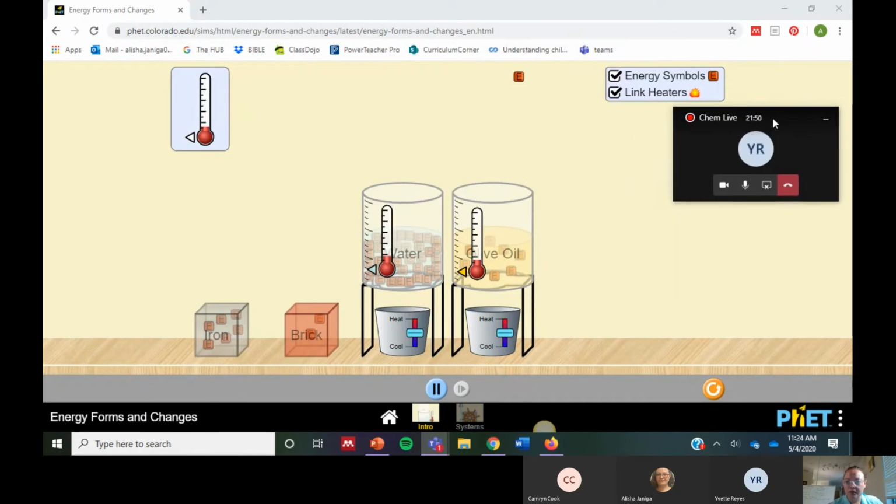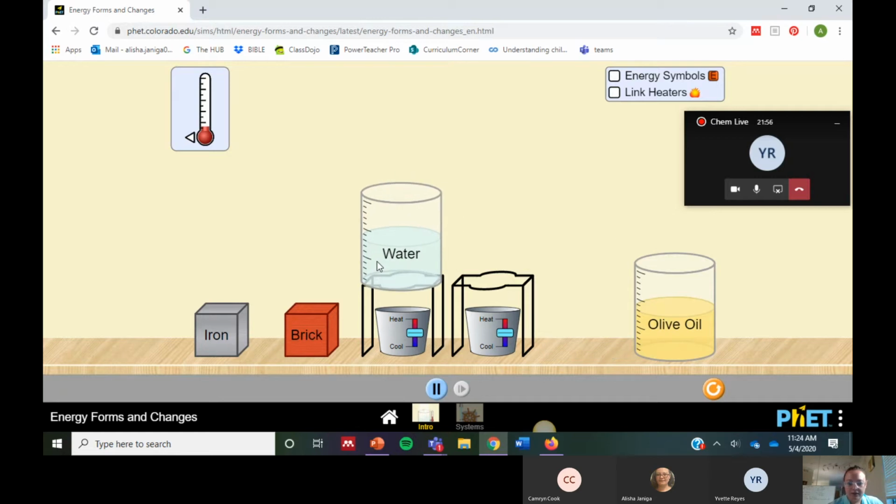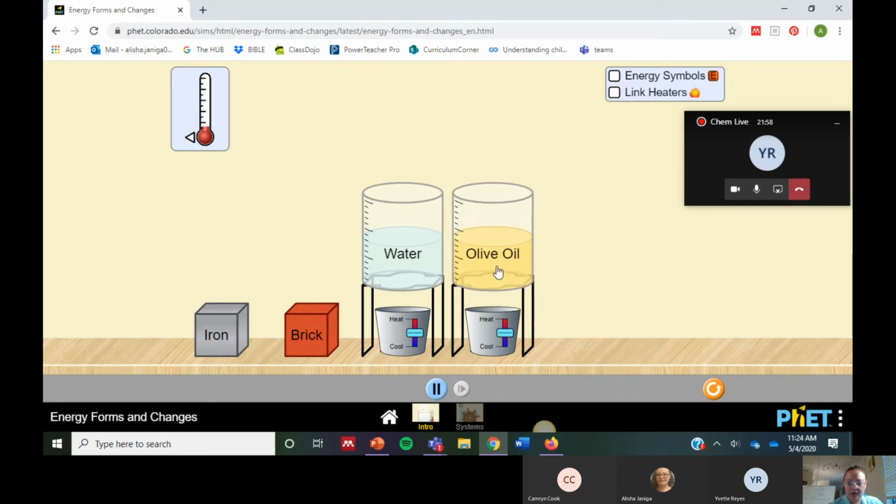Let's move you guys over here, and I'm gonna reset it. We're gonna put water, olive oil, thermometer, oil. So now we're gonna make it cold. Energy, link heaters. 1, 2, 3, 4, 5, 6, 7, 8, 9, 10.